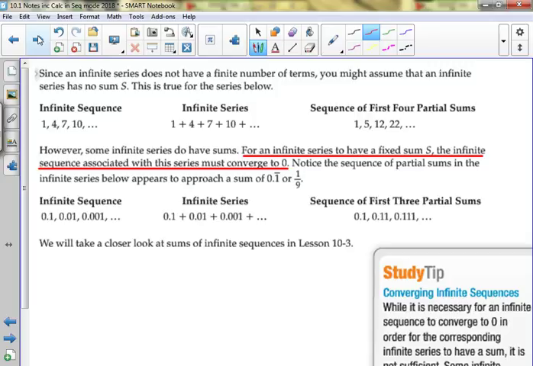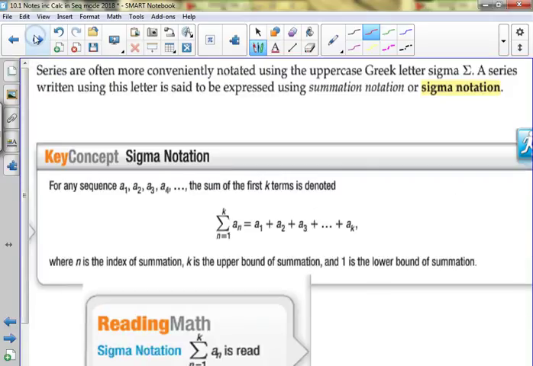If the series is converging, you can find the sum even as it approaches infinity. Their example is if you were adding 0.1 plus 0.01 plus 0.001, it would approach 1/9. We're not doing much on infinite series today, or at all.